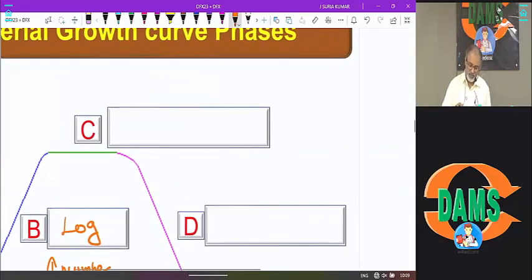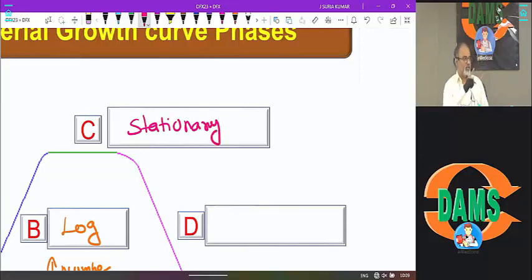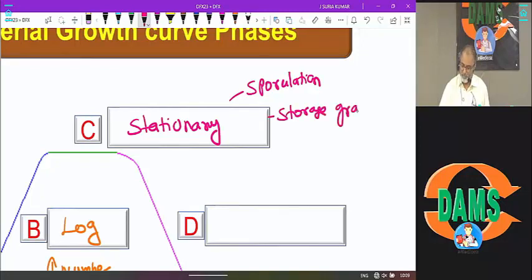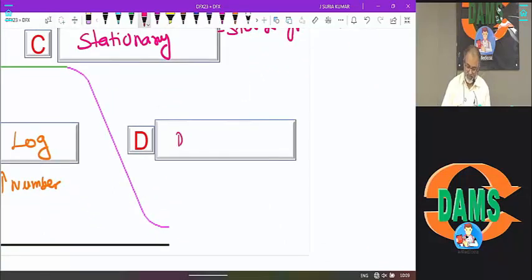What is phase 3? Stationary. Very good. In this phase only you can get sporulation, storage granules, everything. Next is phase D, decline.